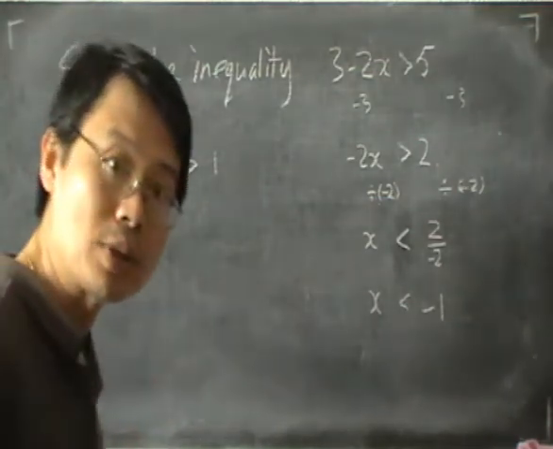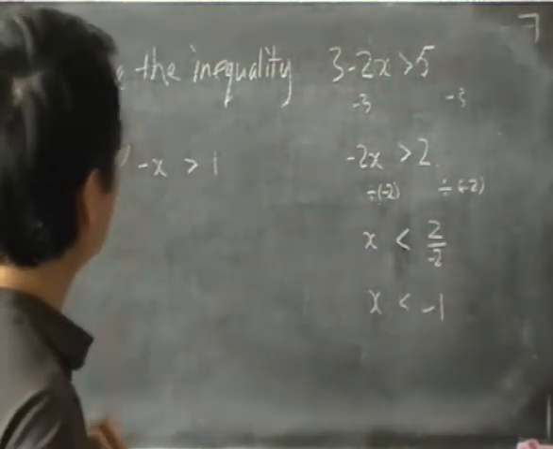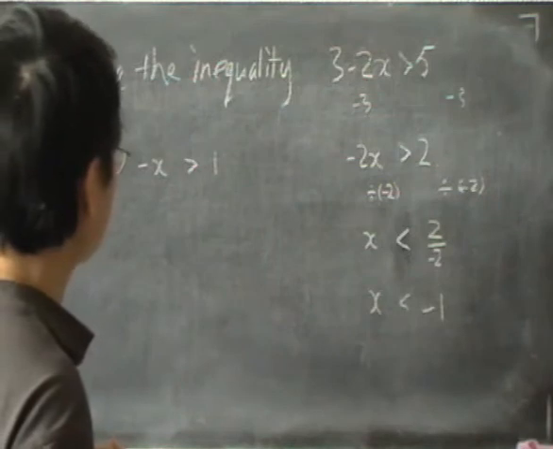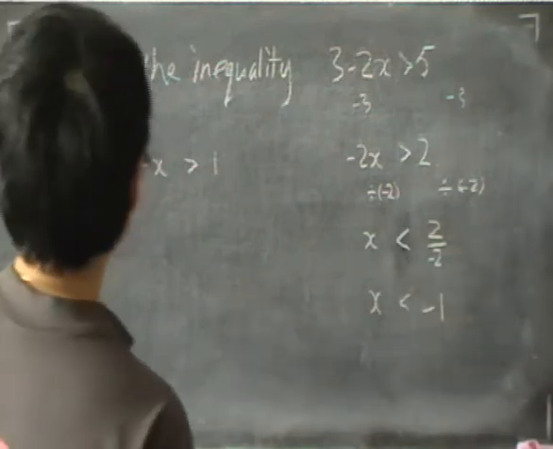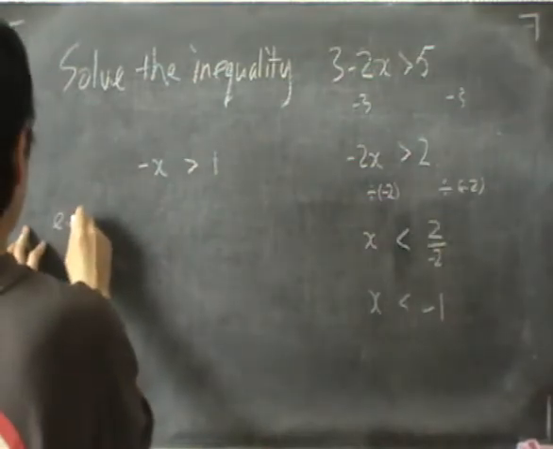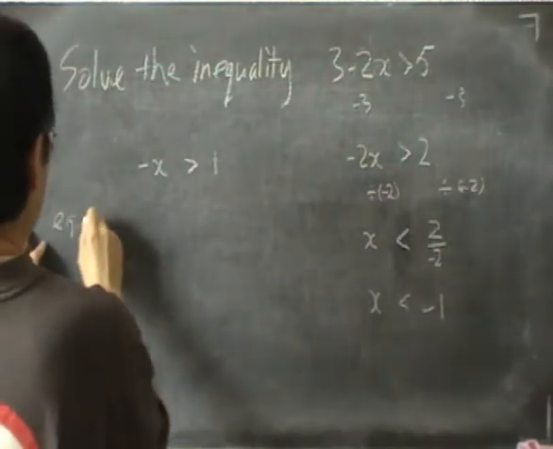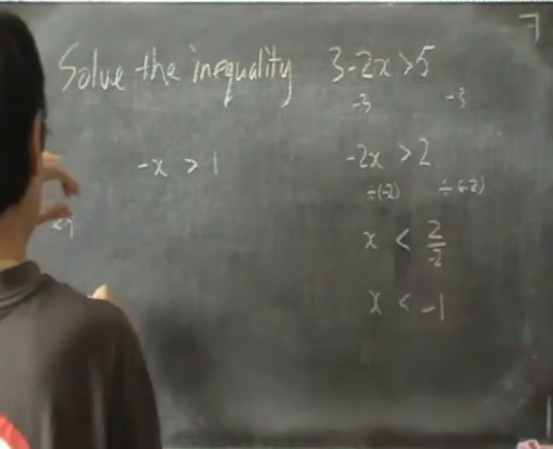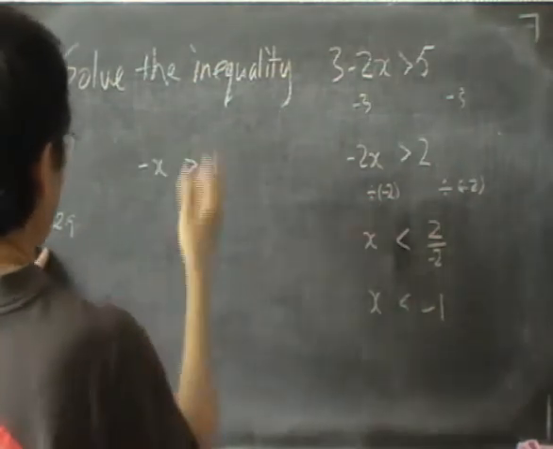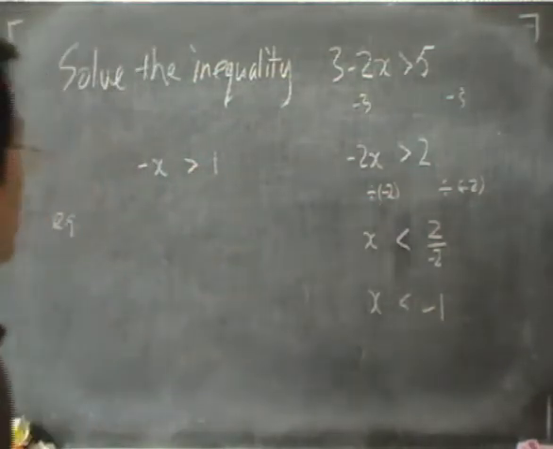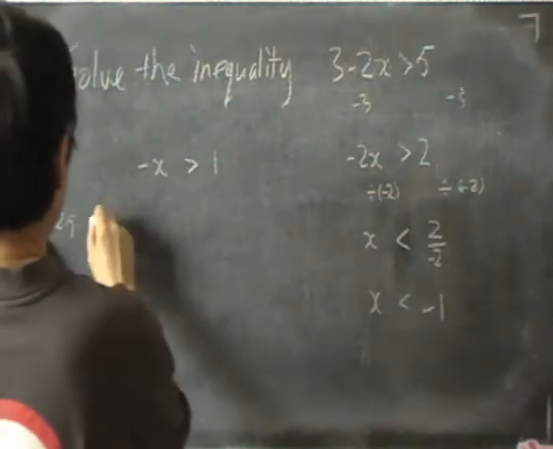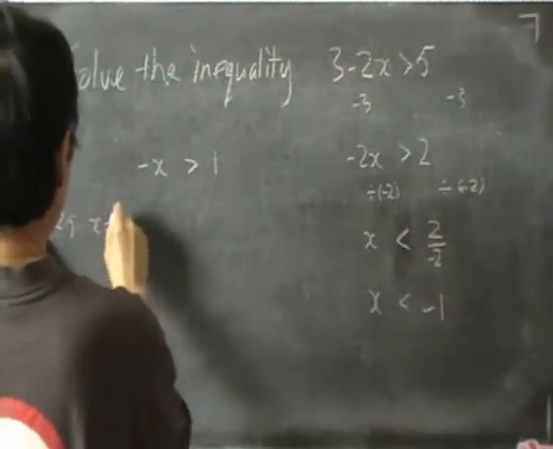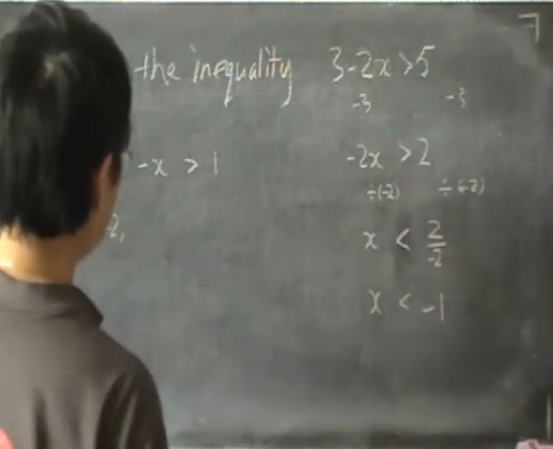And the easiest way to understand this is to put in some numbers for x. Alright, so for example, let's try the number. Think of a number where this is true. So for example, if x is equal to 2, is this true?